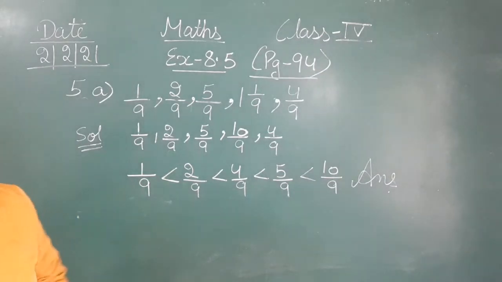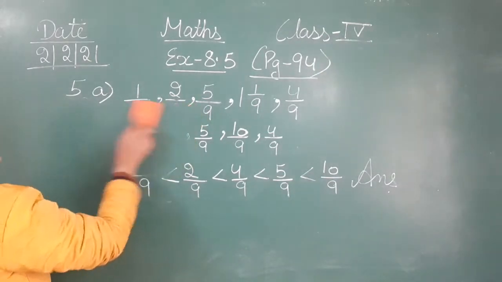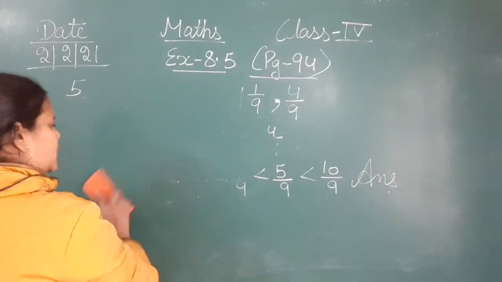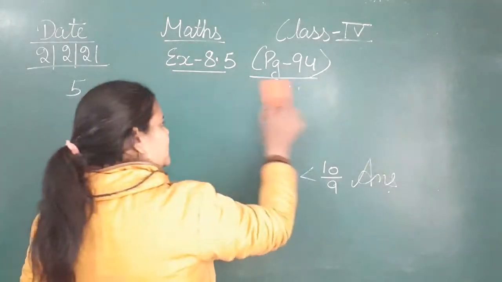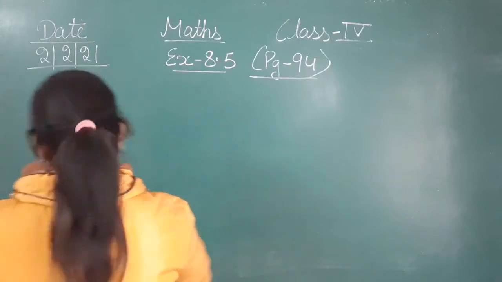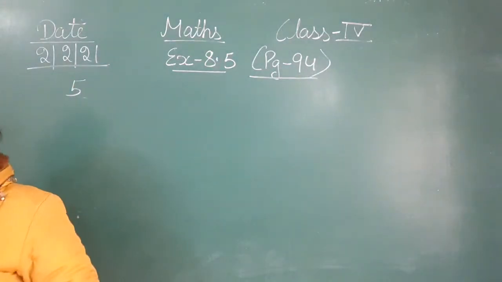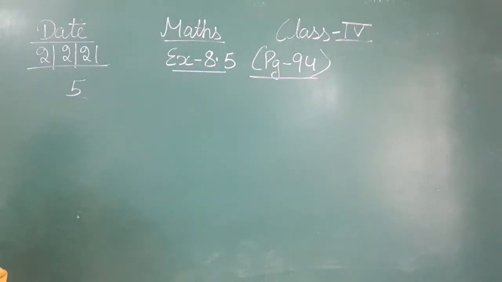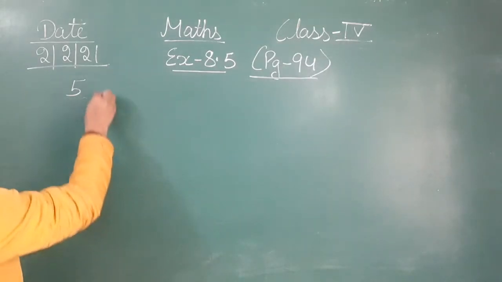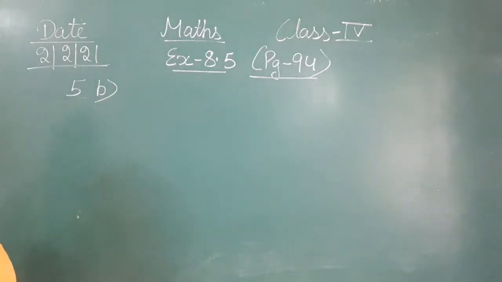Moving next to the B part. That is also the same as we have done in the A part. बिल्कुल A part के जैसे ही. Okay, we will do the B part as well. So the fractions that are given in the B part are, B part में कौन कौन सी fractions दी हैं बेटा?